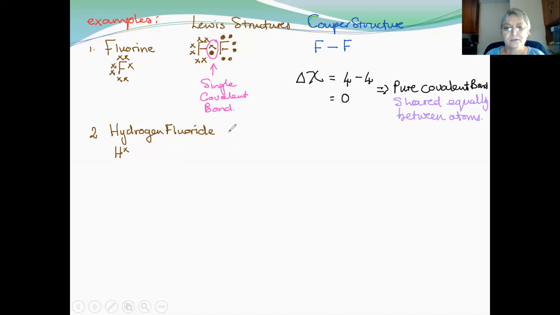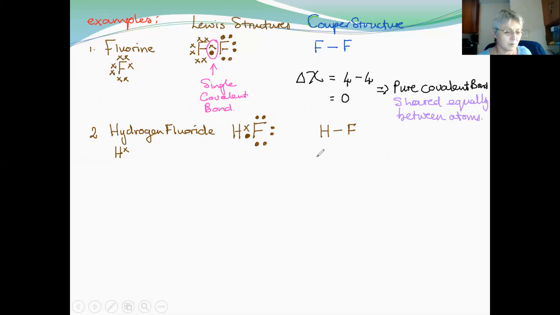So the Lewis structure for hydrogen fluoride will show that one of the electrons comes from the hydrogen, that shared electron, and another one that forms a bonding pair comes from the fluorine. Right, so that's the Lewis structure. The Couper structure is H-F.